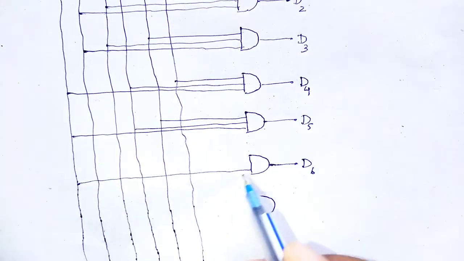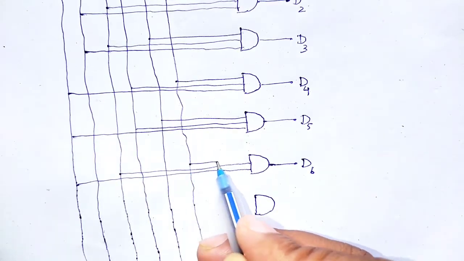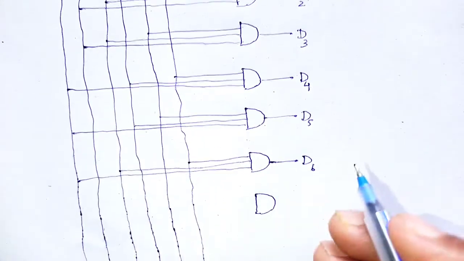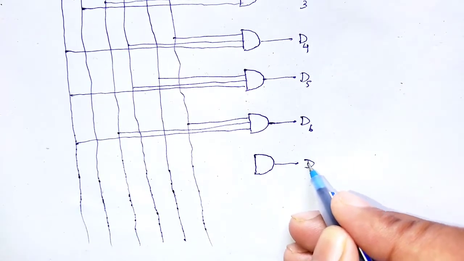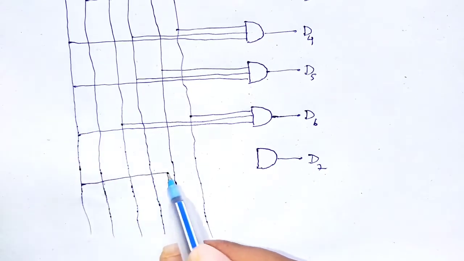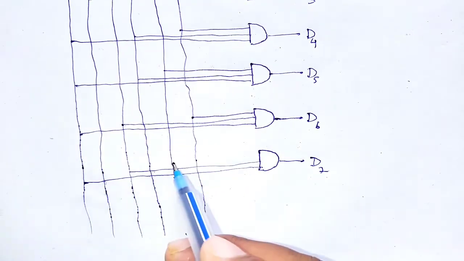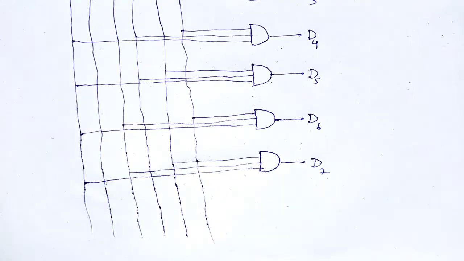A, B C dash. For D7, all are A B C, so A, B, C.